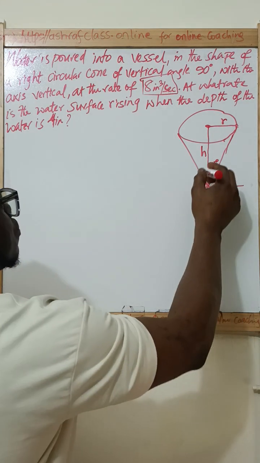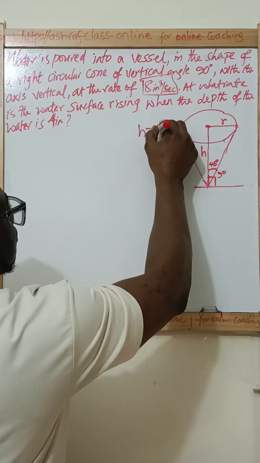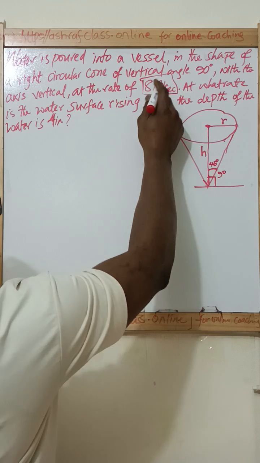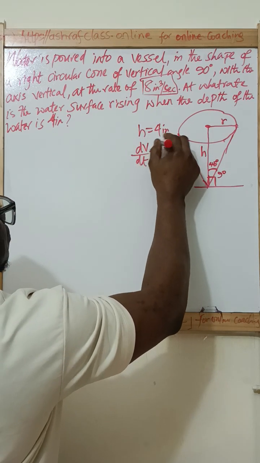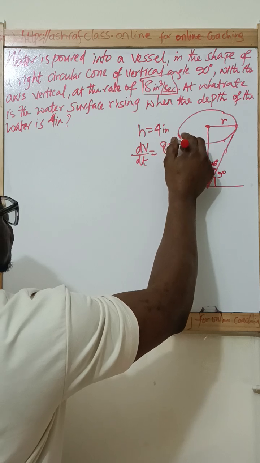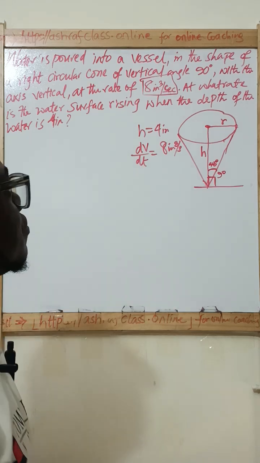So the depth, which is also the height, h, is given as 4 inches, and the dV/dt is given as 8 inches cubed per second. Those two are given.